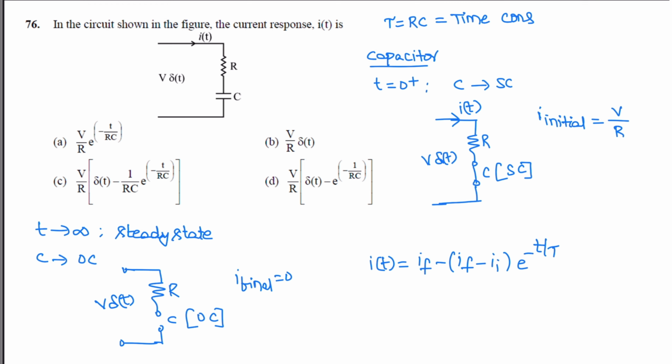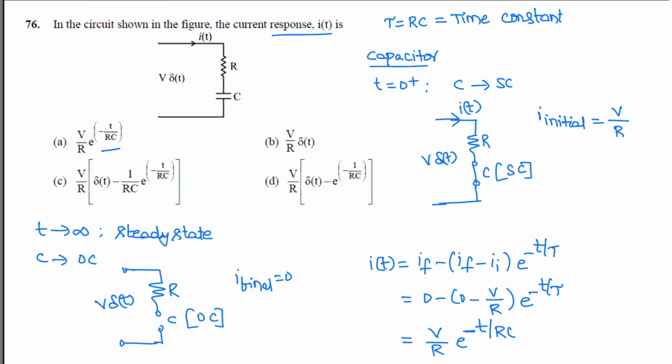Here the final value of current is 0 and the initial value is V by R. So that is V by R e to the power minus t by RC. The correct option is A, V by R e to the power minus t by RC. This is the current response i(t) for the given circuit.